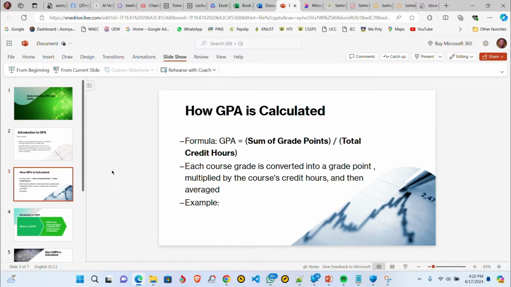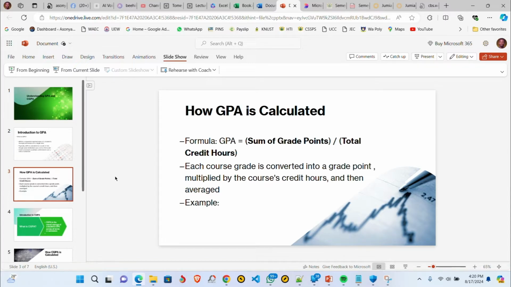First of all, GPA is calculated using the sum of the grade points divided by the total credit hours. For all the grades you have been getting in each course, let's say A, B plus, B, C plus, C, all those have points.